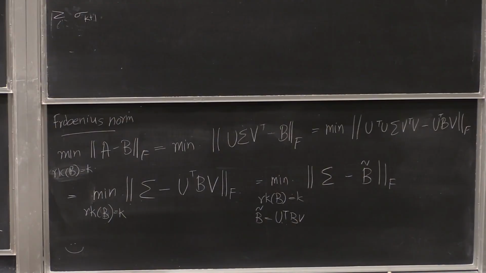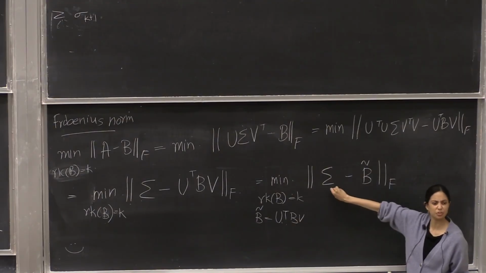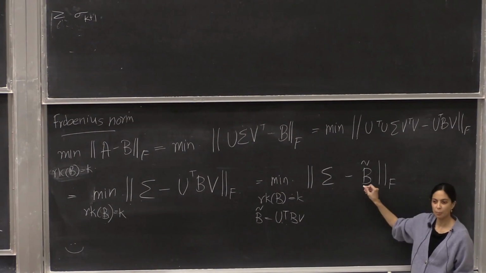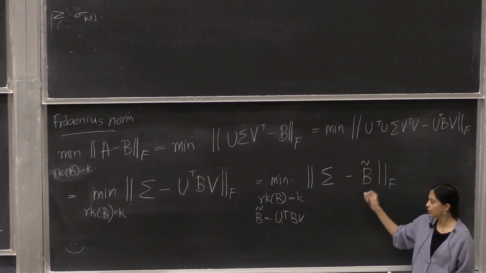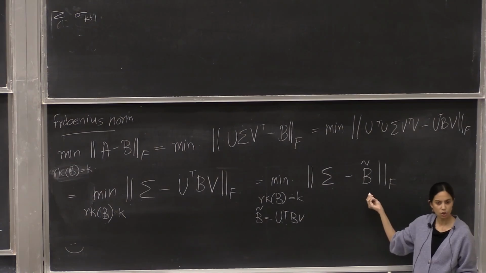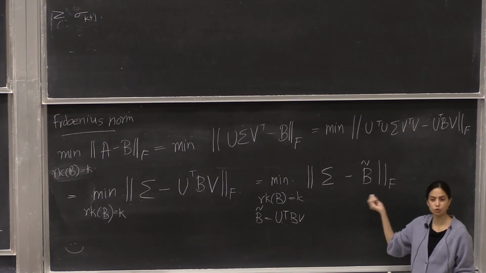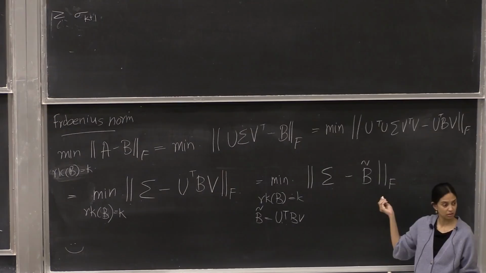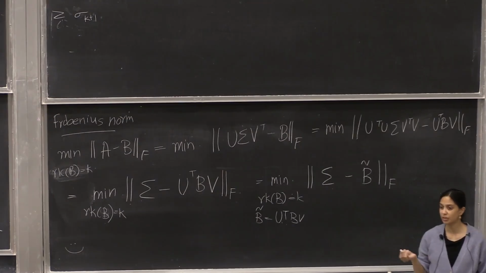Okay? So now I have this matrix that is basically 0 everywhere, minus this B twiddle, right? And I want to minimize this thing. And I get to choose B twiddle.